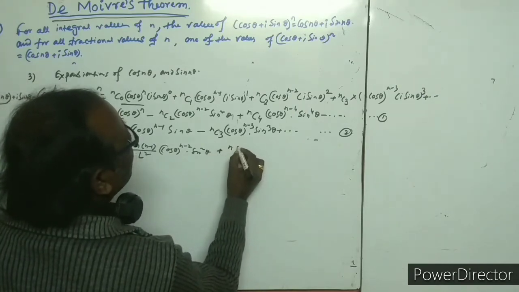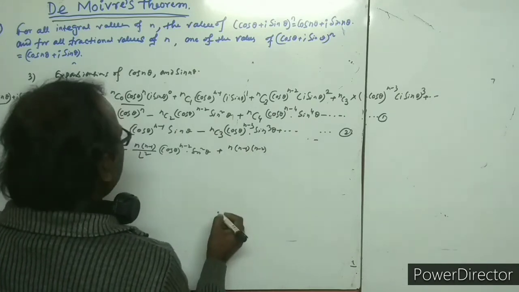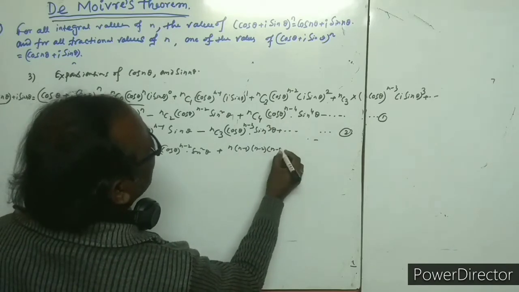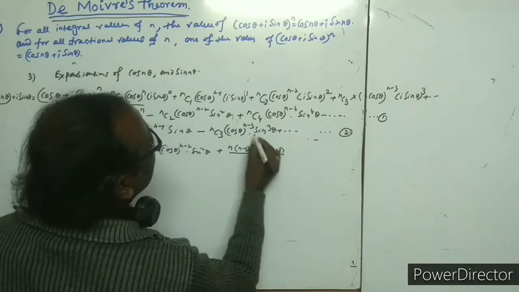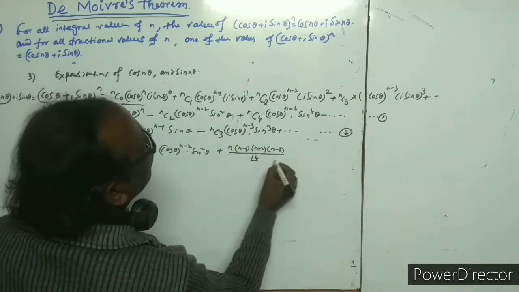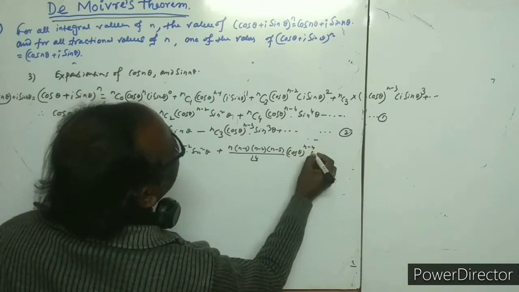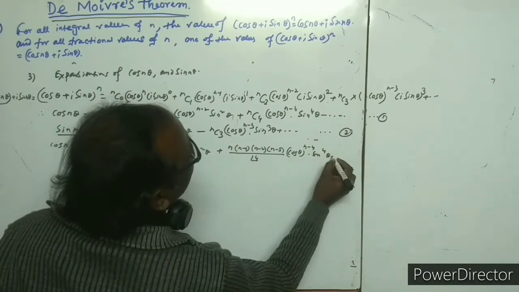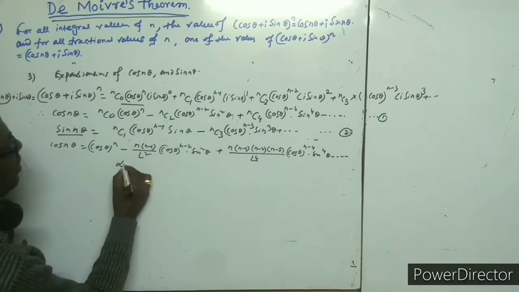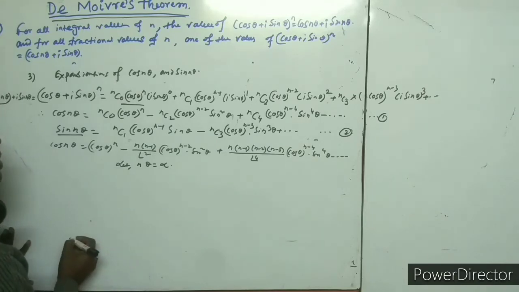And this is n into n minus 1 into n minus 2 into n minus 3 by factorial 4, and cos theta to the power n minus 4 sin to the power 4 theta. And now let us assume n theta as alpha.